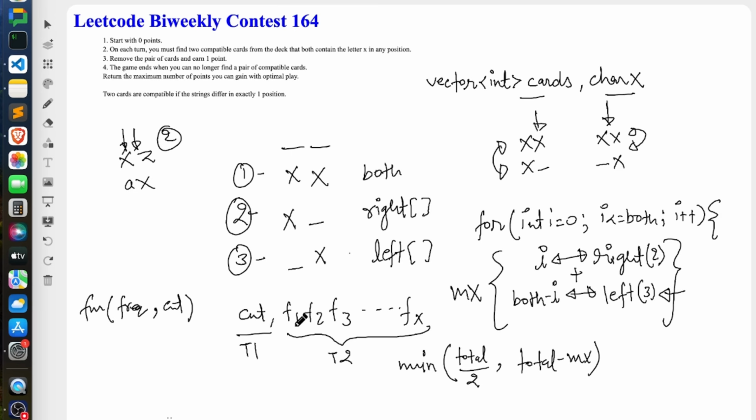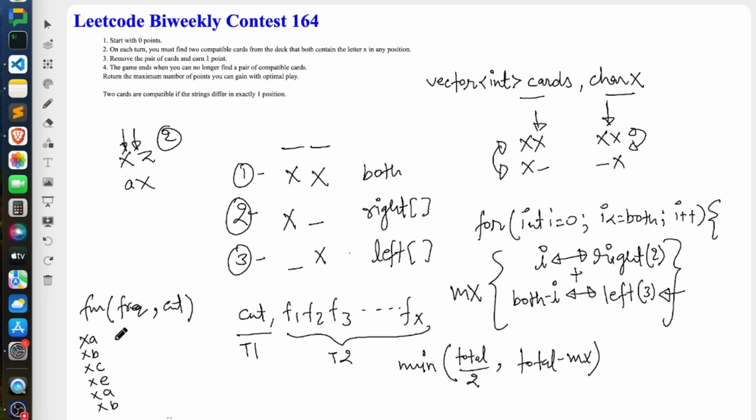You might think, why are there f1, f2, f3? So let's say there are xa, xb, xc, and let's say xe. And a few more, xa and xb.